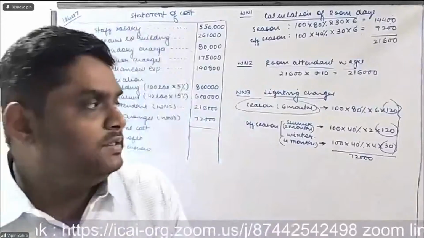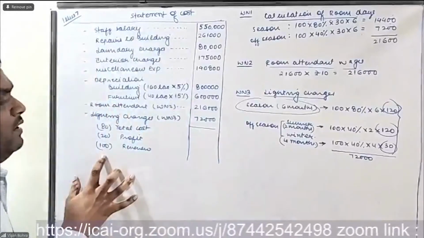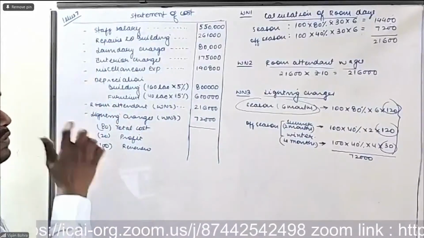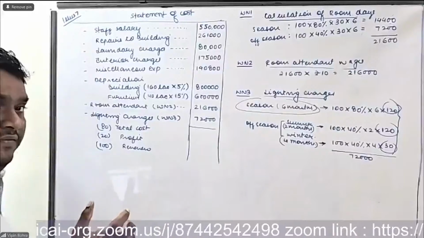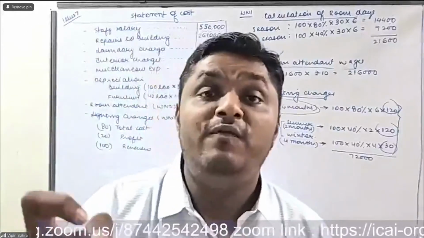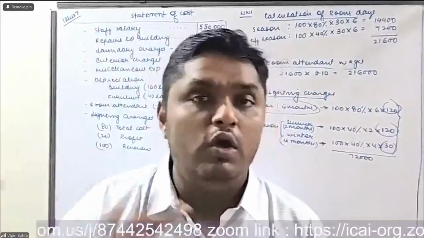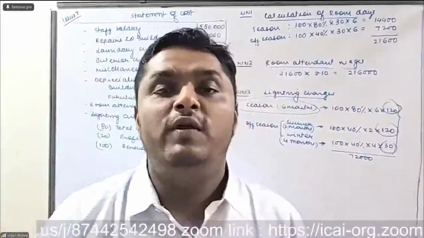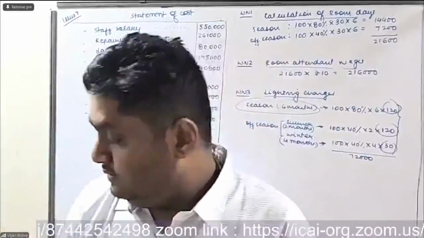So herein, let's assume that the room rent is 100. So profit will be 20 and the total cost will be 80 because it is given that the management is targeting a profit of 20% on room rent, not on cost. They are targeting profit of 20% on sales.